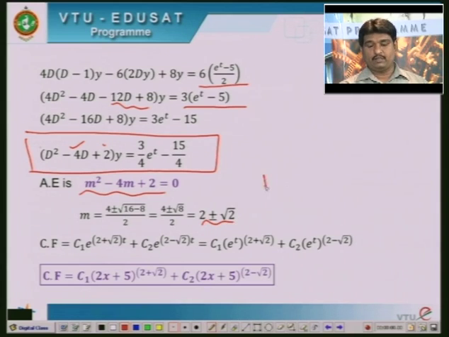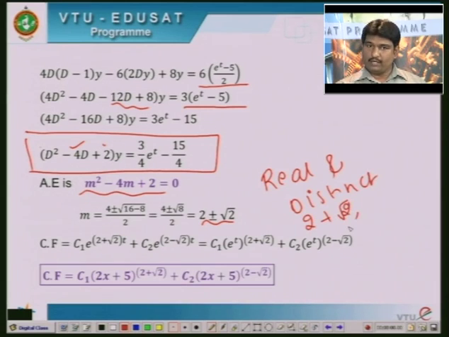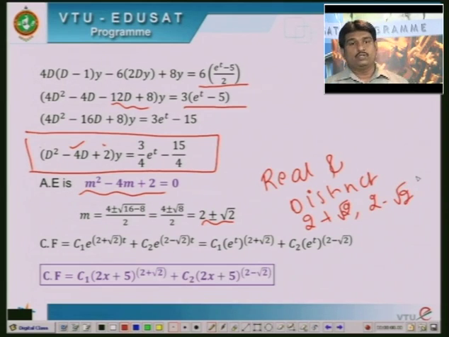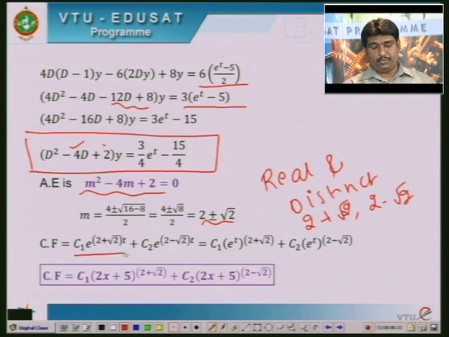So the roots are real and distinct. M1 is 2 + √2 and M2 is 2 − √2.